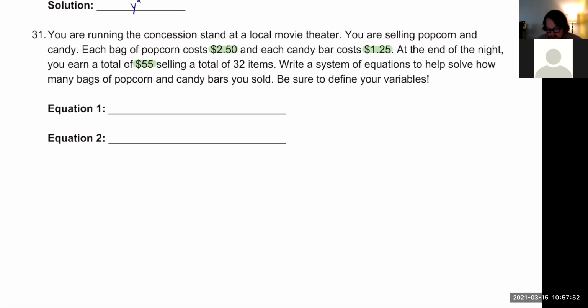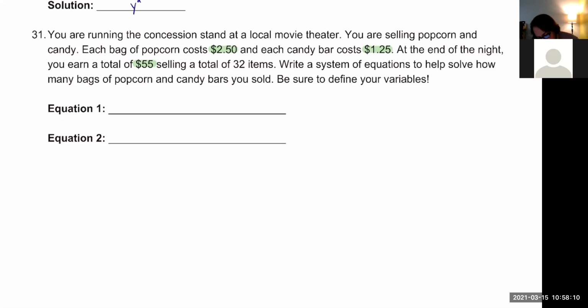The $2.50, the $1.25, and the $55. They're all money. So three of the values are describing money, and they all relate together because the individual prices is what added up to the total price.